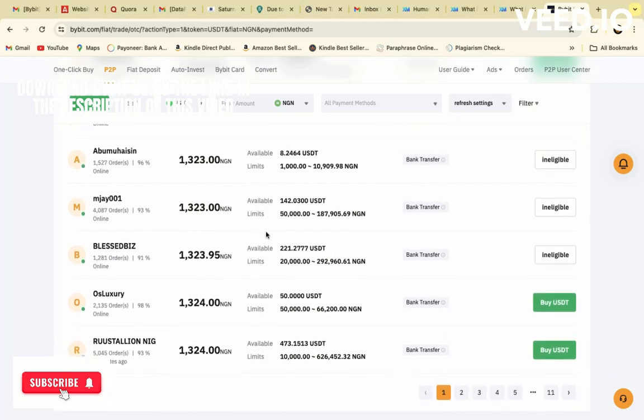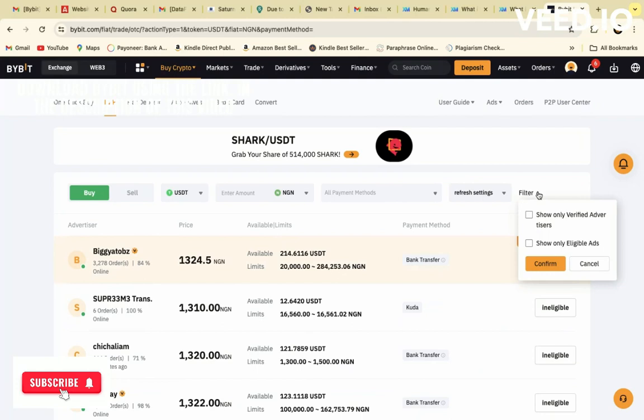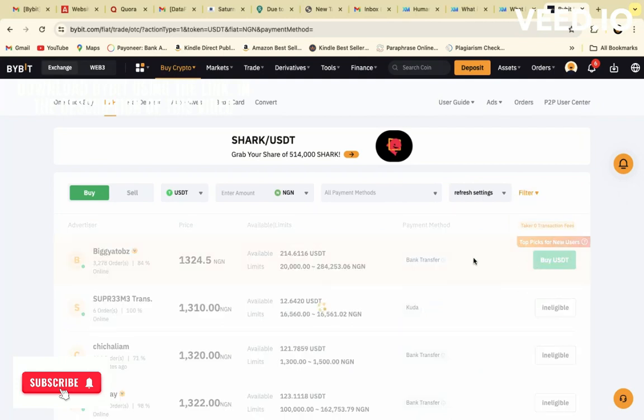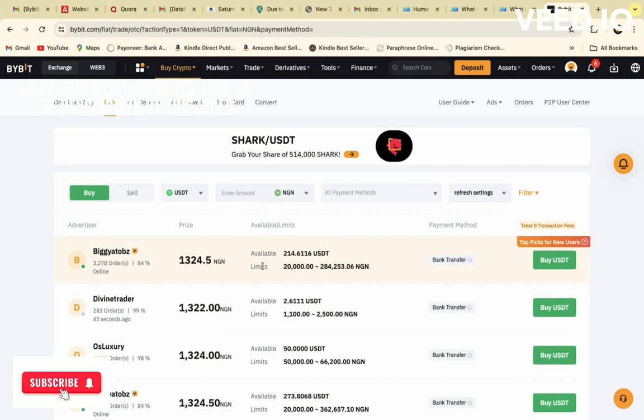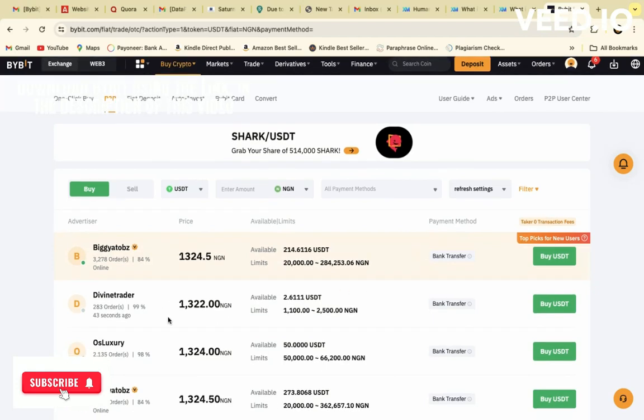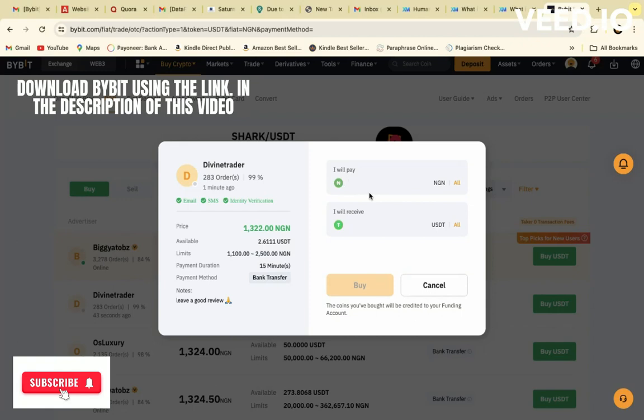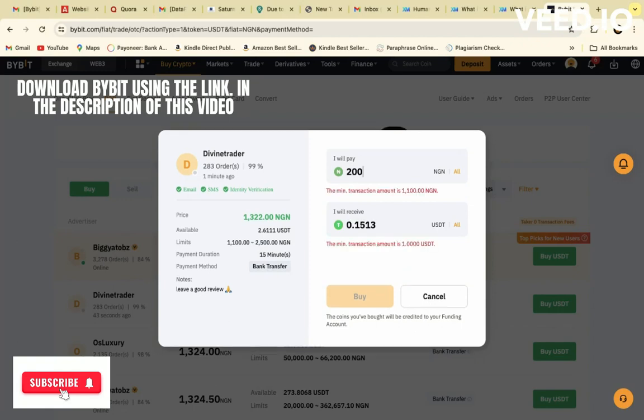Okay, we have somebody here that's going for 1,100. So we click buy. So let's say I'll pay 2,000. You can see, receive 1.5 USDT, and once I click buy, initiate an order, and then you have to pay.